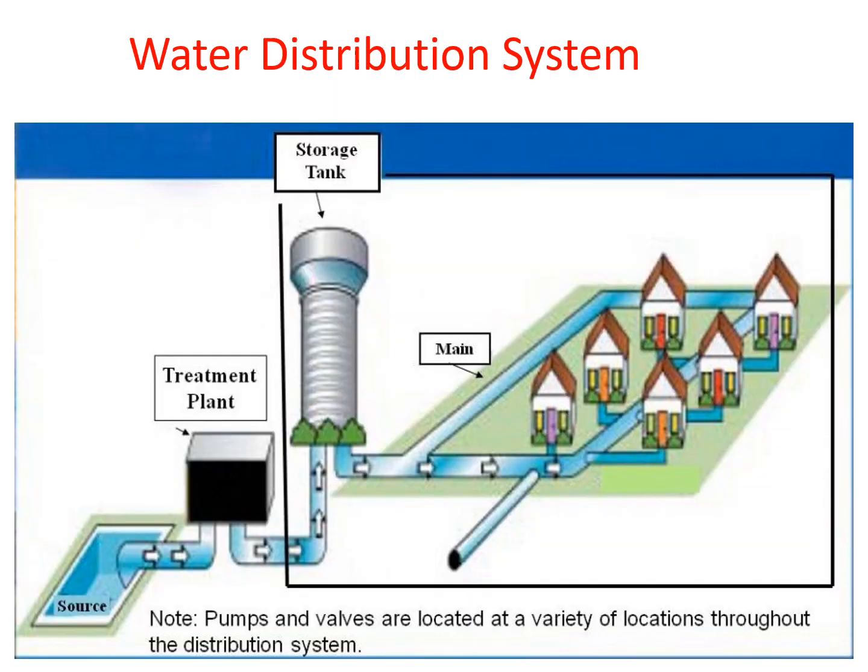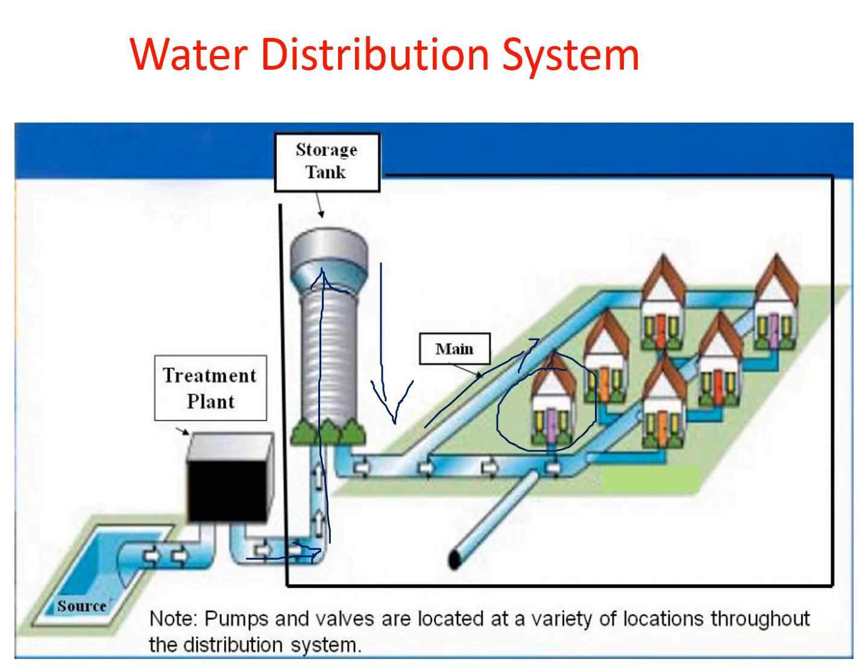After the clear water reservoir in the treatment plant, as I discussed, this water is to be lifted up to the overhead tank, and from there it will come through gravity, and through various pipelines it will reach the individual's house.